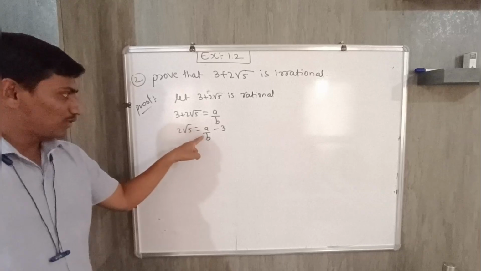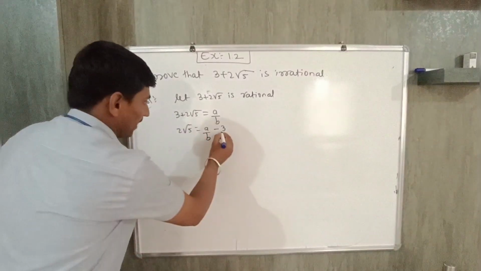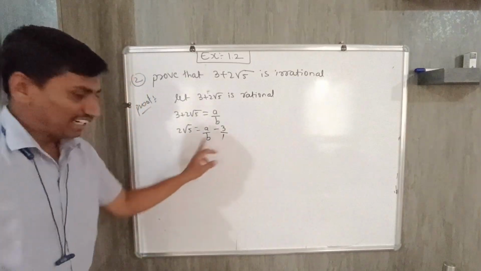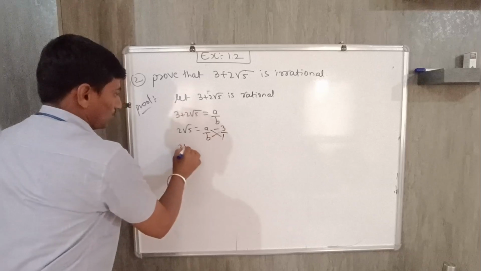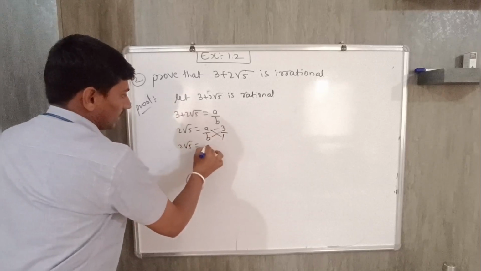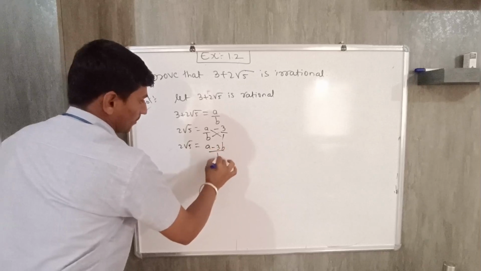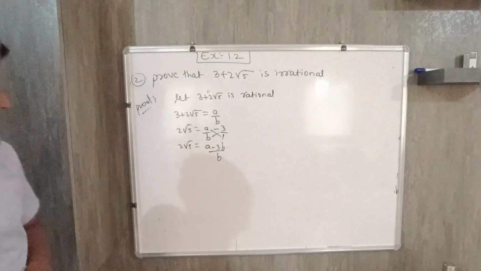So 2 root 5 equal to a by b minus 3. So minus 3, what is the denominator here? 1. Different denominators means cross multiply. So 2 root 5 equal to a minus 3b by b.